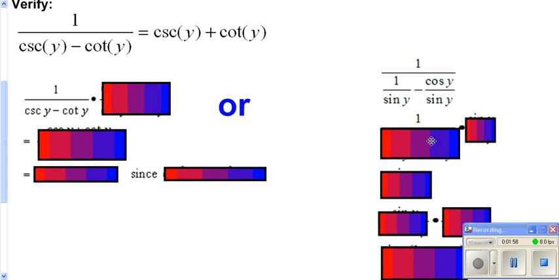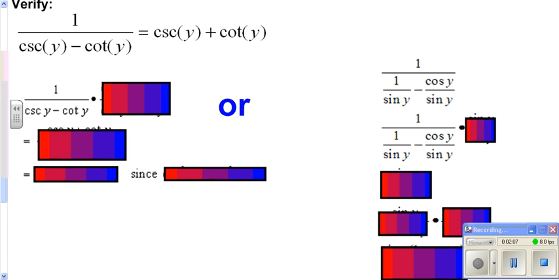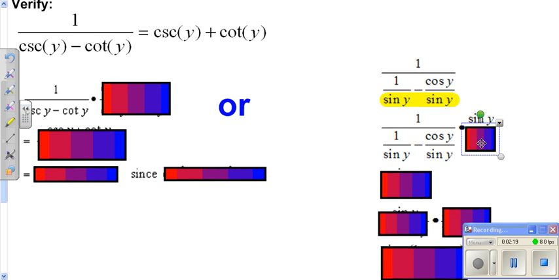Well, as we look here at the left side, we have fractions here. Well, when you look at the top, which is really a 1 over 1, and the bottom, our common denominator is sine. So let's go ahead and multiply the top by sine and the bottom by sine.